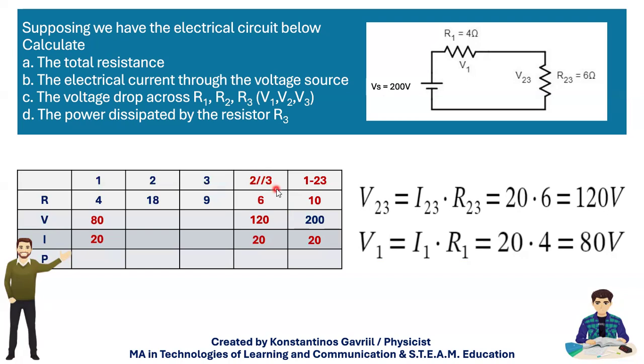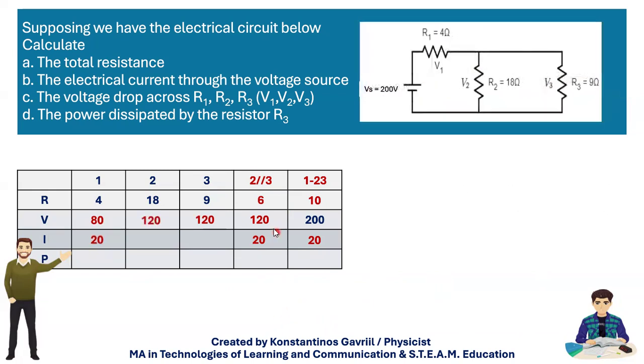What do they have? They have the same what? Okay, here I have an alternative option for calculating the 80. We have V1 to be Vs minus V23. Okay, and we get also 80.